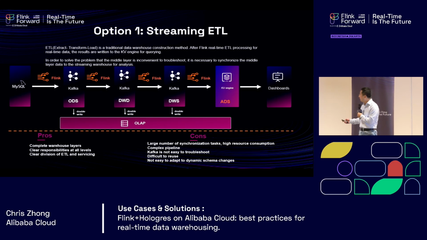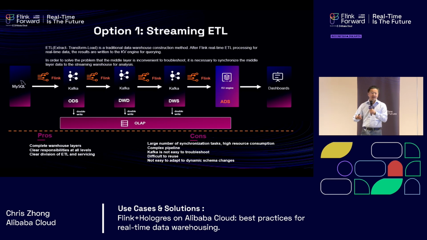So option one, we call it streaming ETL. That means we build the layers in a message queue like Kafka. We ingest data from the source into the ODS layer, and we build Flink pipelines to do the data transfer from ODS to DWD and to the DWS.